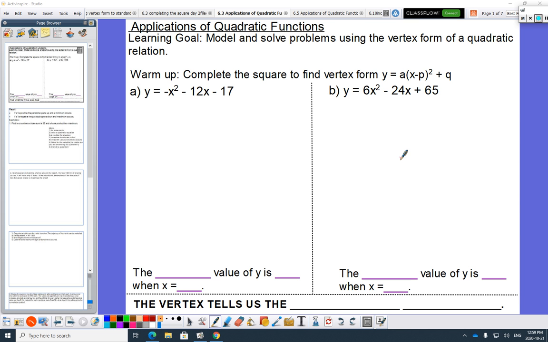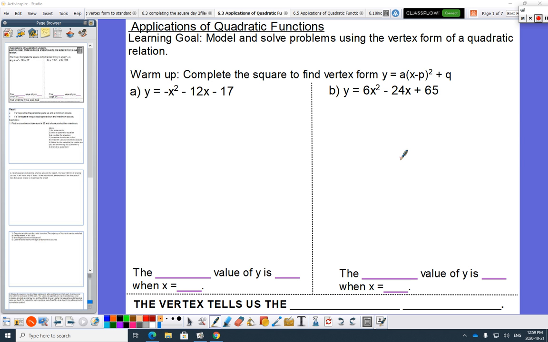Okay, so again, because this probably would have been after a few days, then we would revisit what complete the square was. Whenever we do these word problems, first of all, many of them are going to be about height and profit, so they might have weird a values.